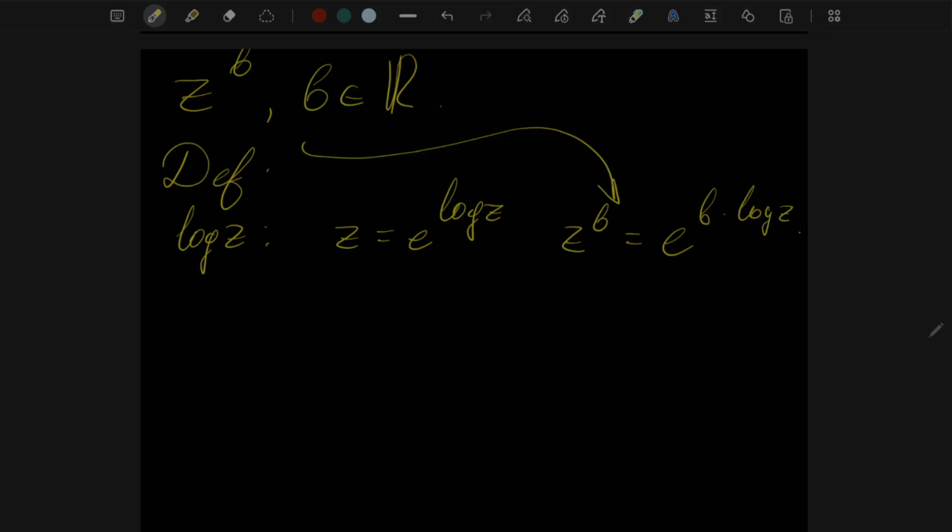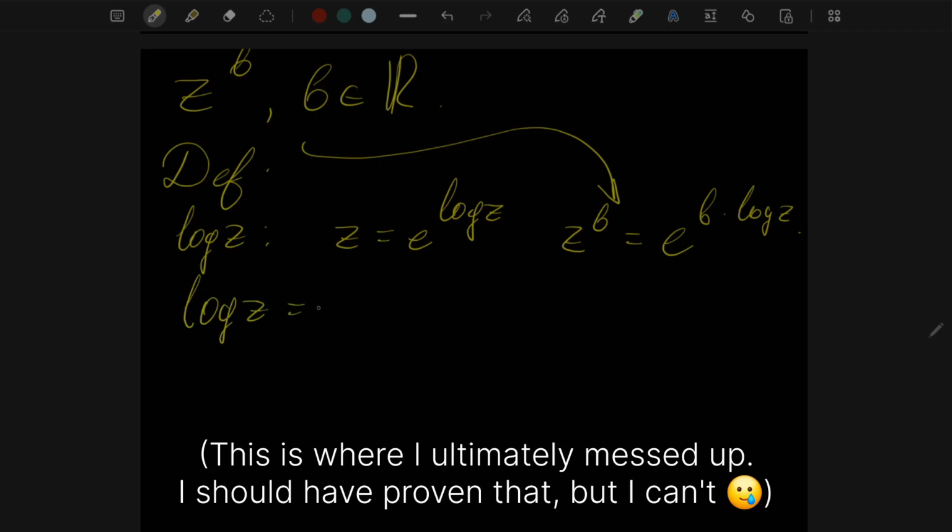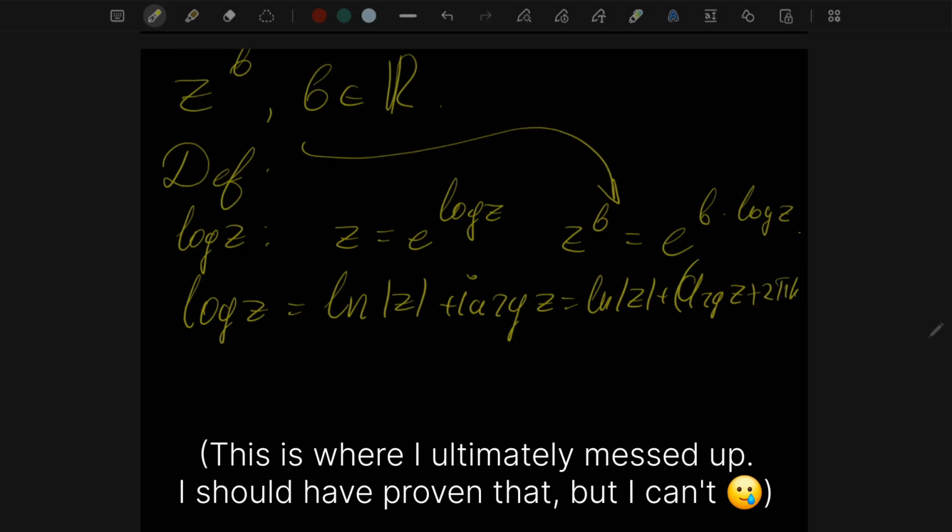Now, how can we express the log z? We can actually express it as the real logarithm of absolute value of z plus i times the argument of z, or basically ln of absolute value of z plus i times the principal argument of z plus 2 pi k i.